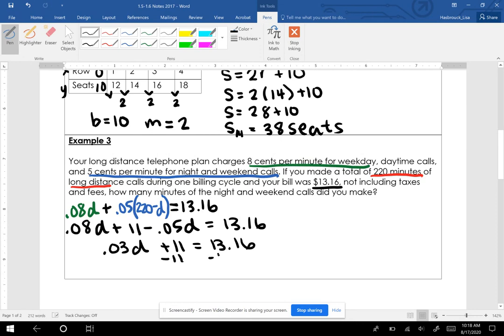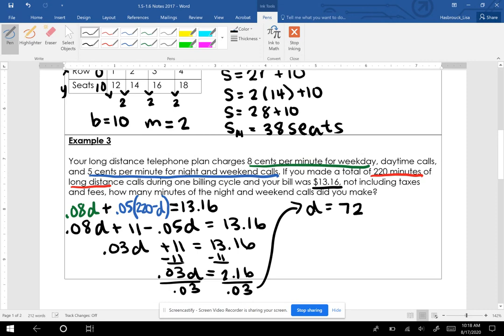We subtract the 11. 0.03D equals $2.16, and then we divide by 0.03. So I get that daytime minutes is 72. So that's daytime. Now it asks how many minutes of the night and weekend calls did you make? So then to find that, it's 220 minus 72.